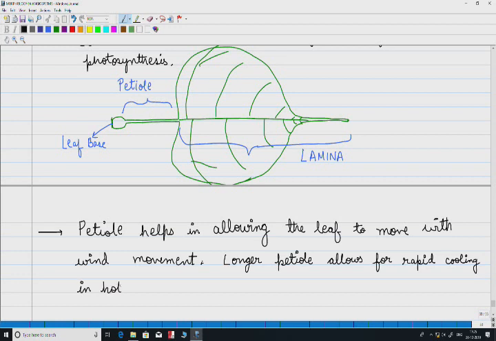So even if a small amount of air is there, it will help in cooling down of the leaf and helps in air circulation, air exchange. That is the purpose of the petiole.